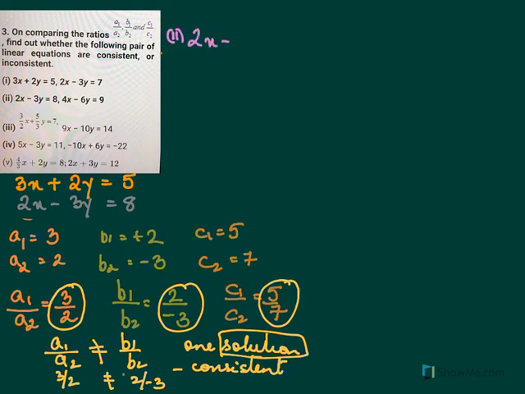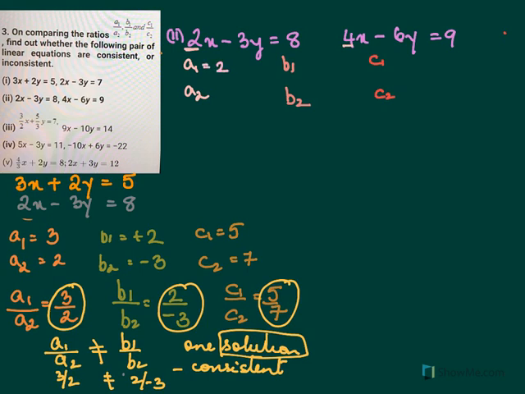Now for the second one, we have 2x minus 3y equal to 8 and 4x minus 6y equal to 9. So let's write down our A1, A2: that is 2 and 4. For B1, B2, this is minus 3 and minus 6. And C1, C2 is 8 and 9.